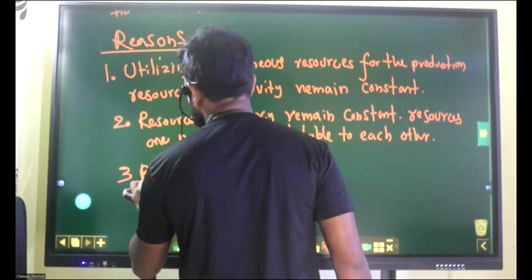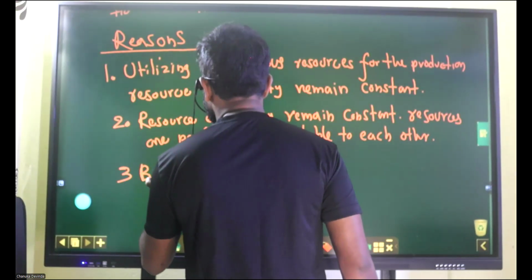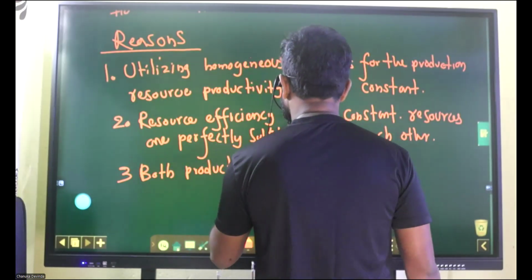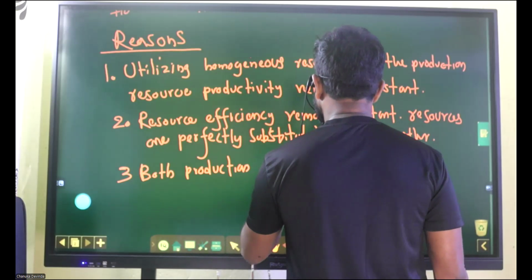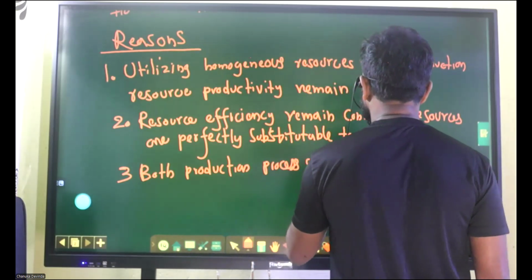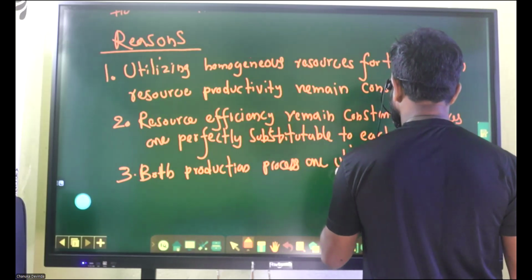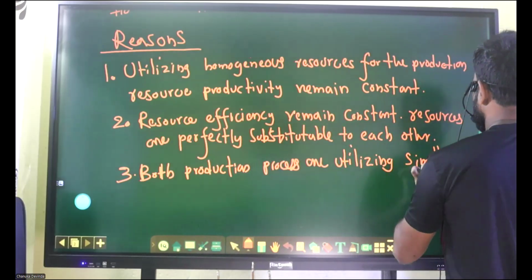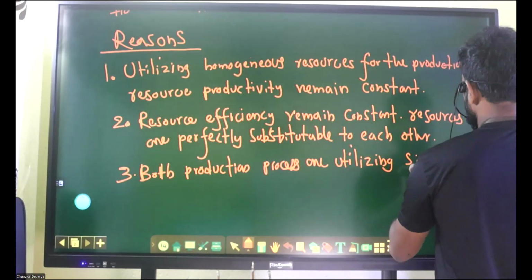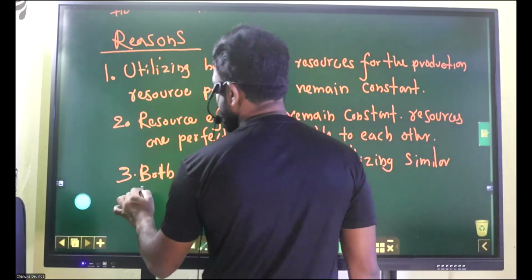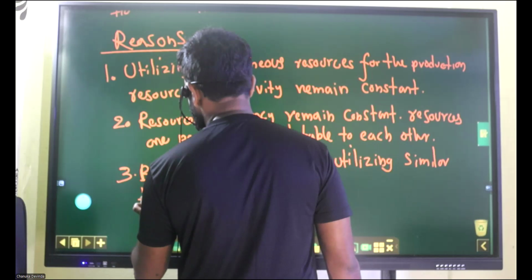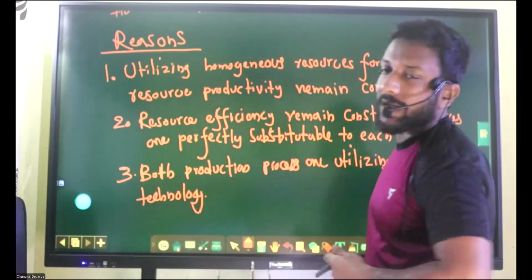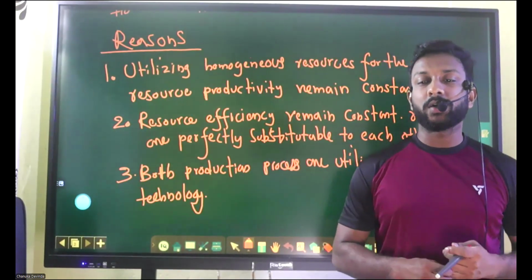Both production processes are utilizing similar technology. Right? Those are the three reasons for constant opportunity cost.